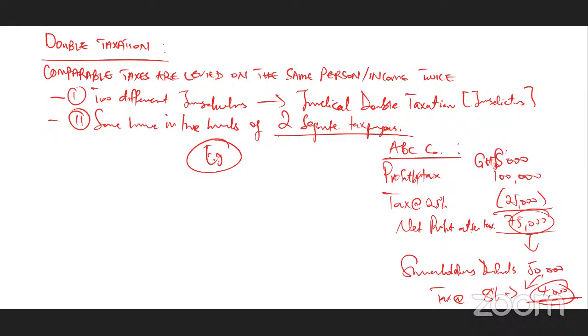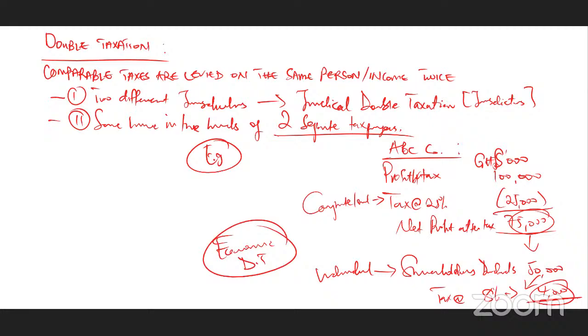So you see that this same corporate profit was taxed at the corporate level and was also taxed at the individual level in the hands of a shareholder. So this is what we call economic double taxation. In your syllabus, mostly the things you'll be learning deal with juridical double taxation rather than economic double taxation.